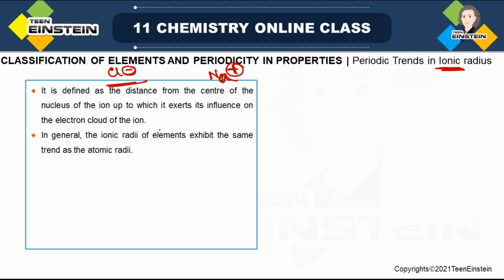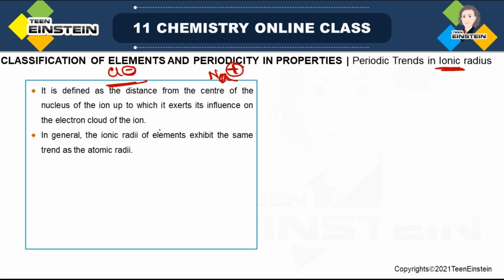Now, the trend of atomic size that we have seen is almost the same when you consider the trend of ionic radii. But you have to remember that a neutral atom is one situation, and when you are considering an ion, you cannot form any ion for any element. There are some specific rules for that.